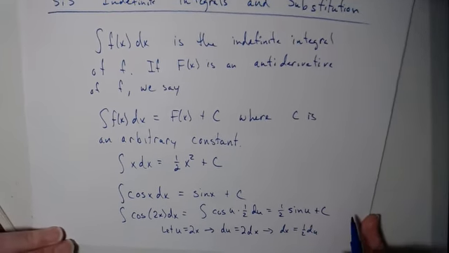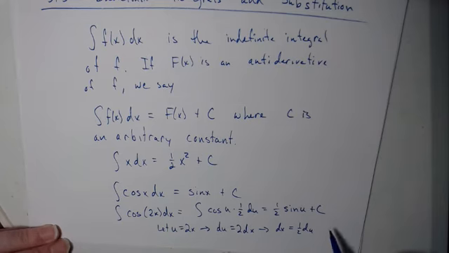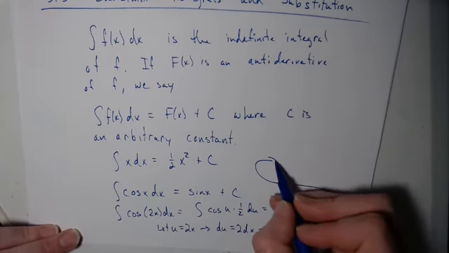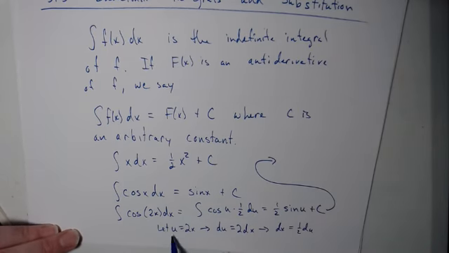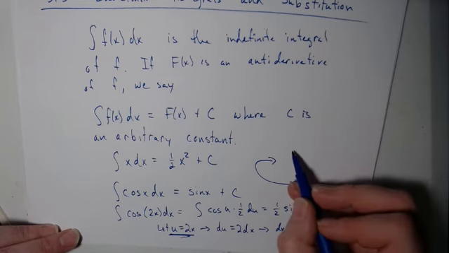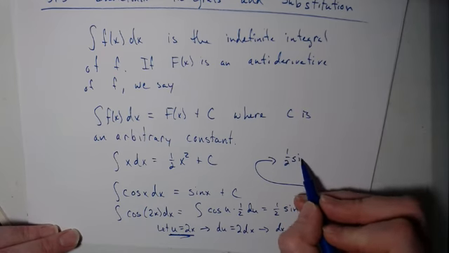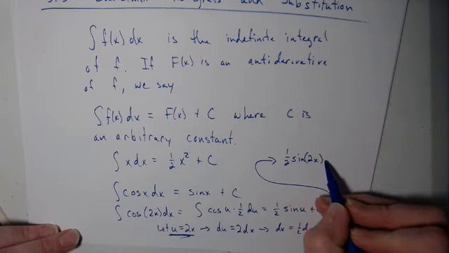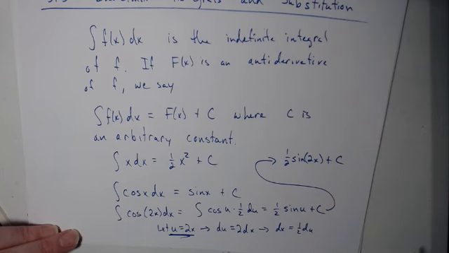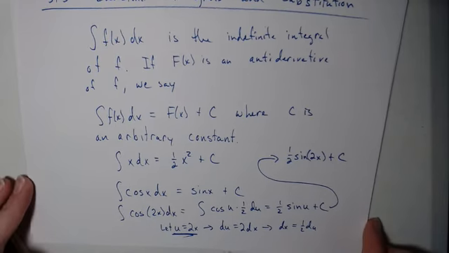And then the last step before we're done is we have to plug back in. We can't leave the answer in terms of u. They asked us a question in terms of x. So we get 1/2 sine 2x plus a constant. So that's a u substitution, or just a substitution at its most basic.